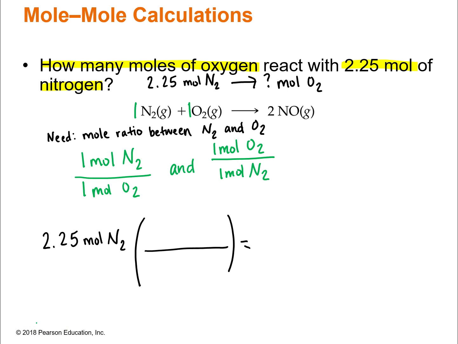We're trying to get rid of moles of nitrogen, and currently we have that in the numerator. The unit factor that we choose has to have moles of nitrogen in the denominator so that we cancel it out, and we're left with oxygen gas.